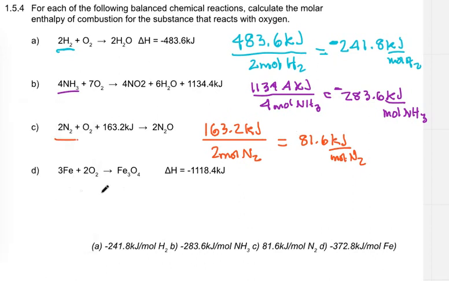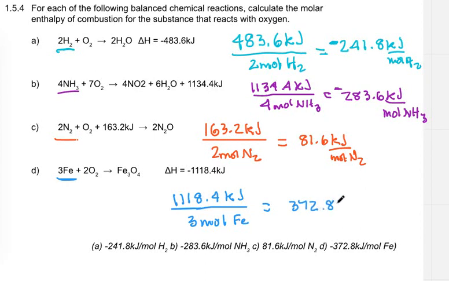And last one, iron plus oxygen makes an iron oxide. Here we're getting 1,118.4 kilojoules for every 3 moles of iron. 1118.4 divided by 3 is 372.8 kilojoules per mole of iron.